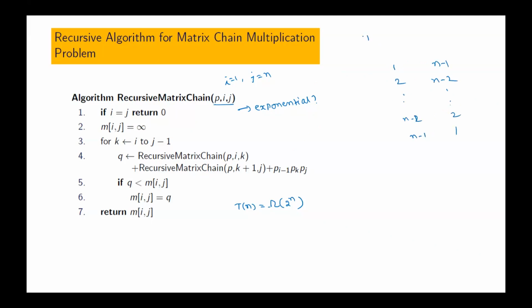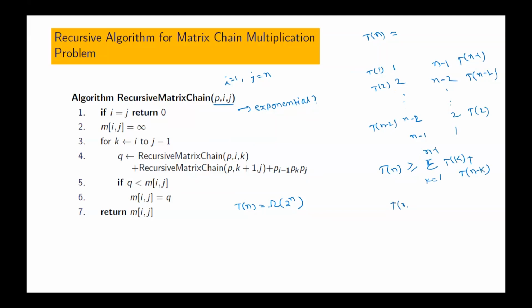That means if T(n) is the total time, the terms will be T(1) and T(n minus 1), T(2) and T(n minus 2), and so on. So T(n) is greater than or equal to the sum for k equal to 1 to n minus 1 of T(k) plus T(n minus k). Is that correct?